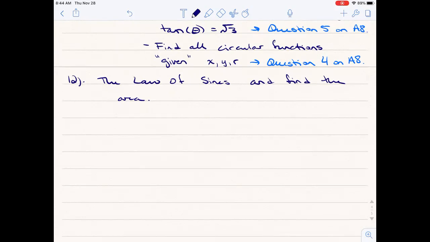That can be a word problem, or it could just be straight: here are some angles. Oh, and there is one triangle that doesn't exist on assignment 9, and that can happen, right? I give you sides and they just don't match up, or the angles are just too big to be able to form a triangle, right?